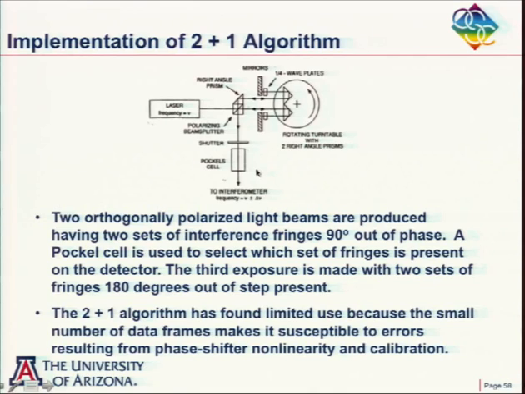Doppler shift here. And then he had a Pockel cell here that would select which of the 2 beams came out. So one polarization would come out, he'd make an exposure, in a microsecond or so he would transfer the data into the storage sites right next to the pixels, and then the Pockel cell would let the other polarization through.